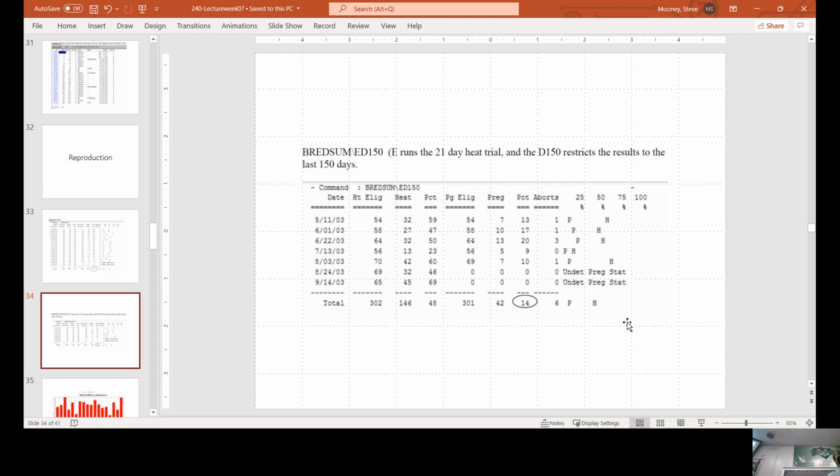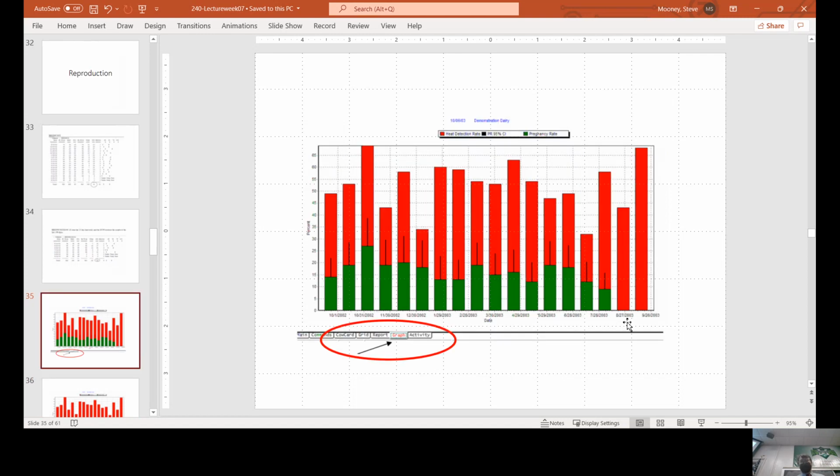16 and 14 might be the same statistically, but if you go down after you've created these reports, sometimes a graph can be generated with that.